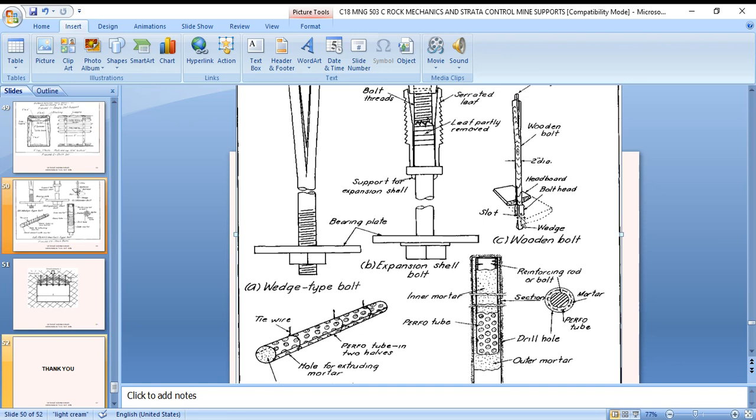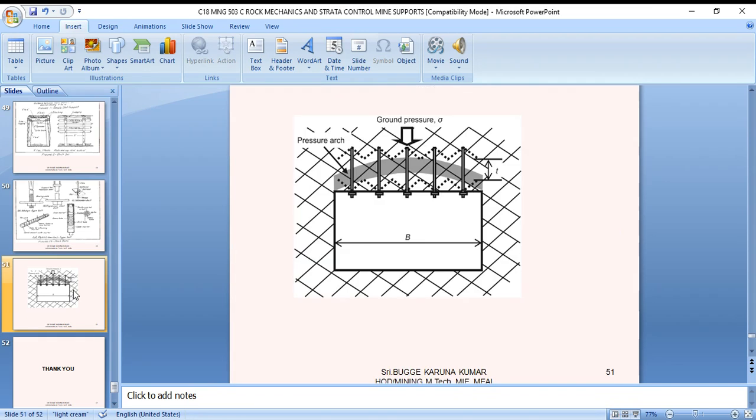Wooden plates are here. Wedge type bolts are there. So this is the reinforced concrete rope bolt. The section is given here. And this is a complete ground pressure, the pressure arch, and how it would be tightened by the rope bolting. This shows the ground pressures here.